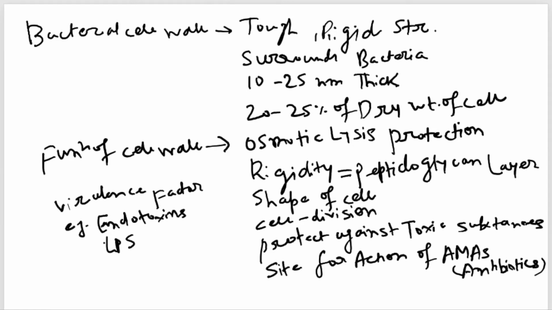We will go into detail because this is a very important topic from the USMLE Step 1 point of view. Okay, and the next role or function of the cell wall is providing immunity, right? How does the bacterial cell wall provide immunity?